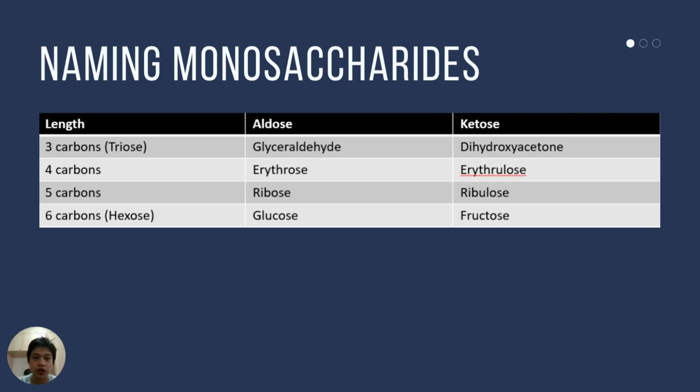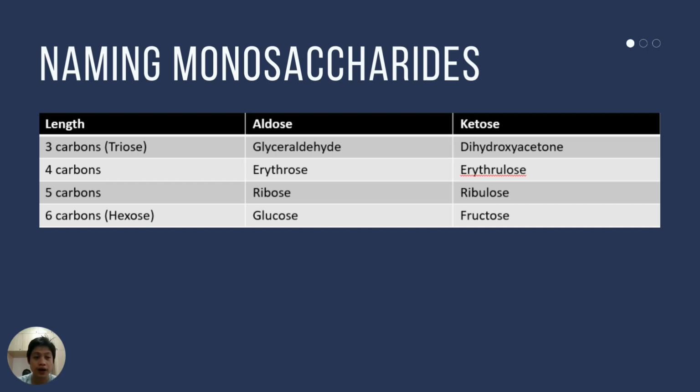So triose, 3 carbons, ang aldose niyan would be glyceraldehyde, and the ketose would be dihydroxyacetone. Glyceraldehyde and dihydroxyacetone you will encounter a lot in glycolysis. 4 carbons, tetrose, the aldose form is erythrose, and the ketose form is erythrulose. We'll find these tetroses in the pentose phosphate pathway.